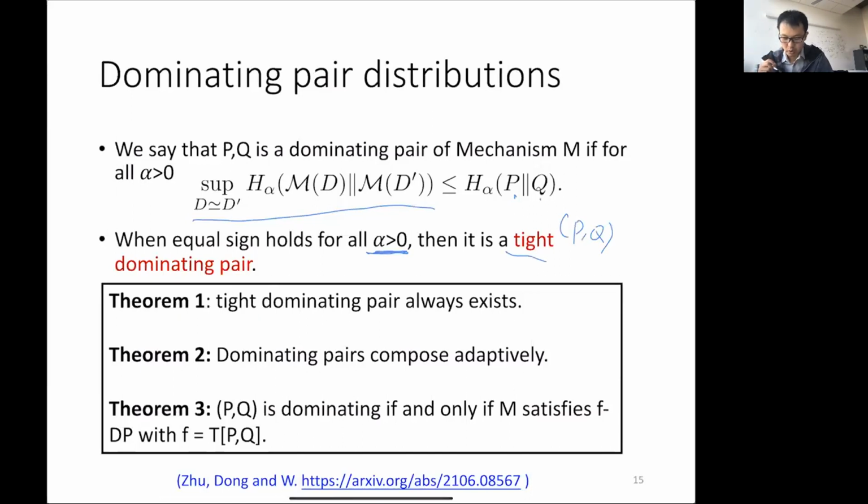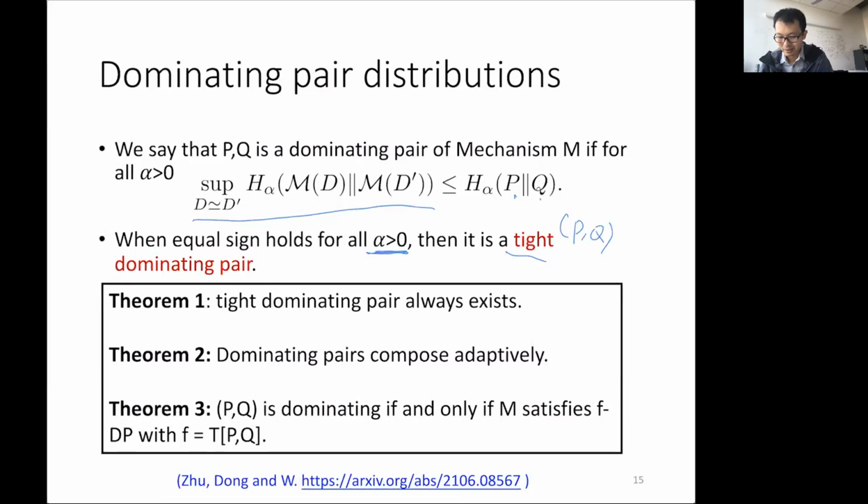So we've shown that, very interestingly, for every mechanism, a tight dominating pair exists. So this is non-trivial. Clearly a dominating pair exists, so this is a trivial statement, because we can simply choose a P and Q to have different support. And then the right hand side is always unbounded, and so that is a dominating pair, but a trivial dominating pair.